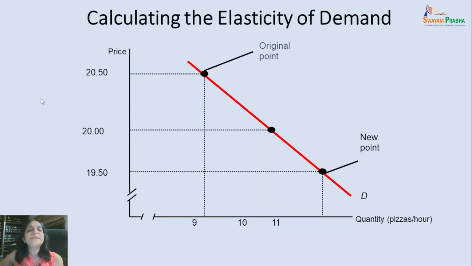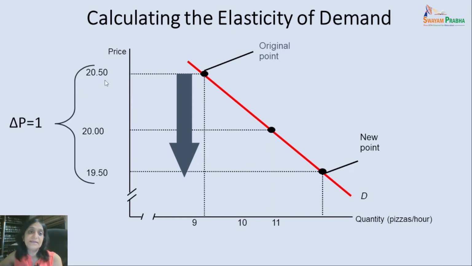Let us say there is a fall in price from 20.5 to 19.5. So your new price becomes P2, that is 19.5. And at this price level of 19.5, there is a new quantity demanded. So you see from one point to another point, and we are asked to find the elasticity.